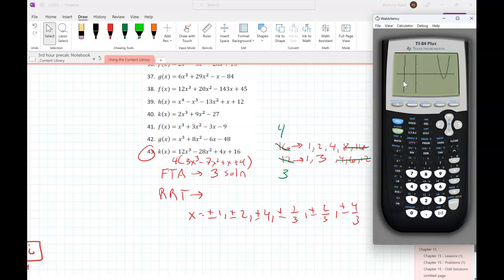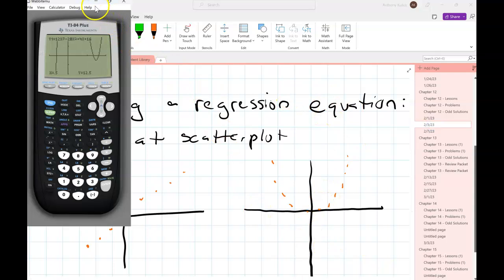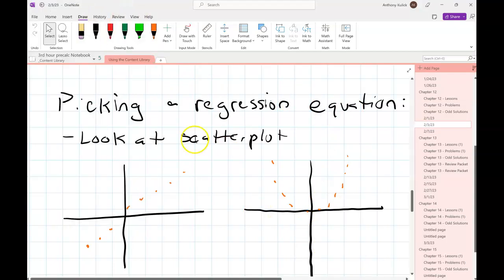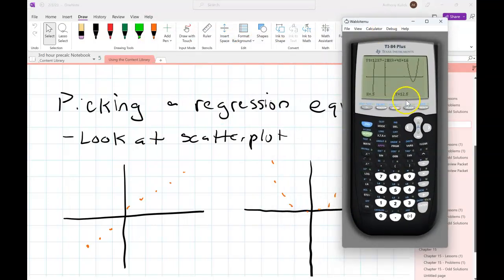Could you use trace? Sure. You could kind of trace. Oops. Oh boy. Come on now. Oh, come on. Be nice here. So if I trace over here, you can see that that's right around there.